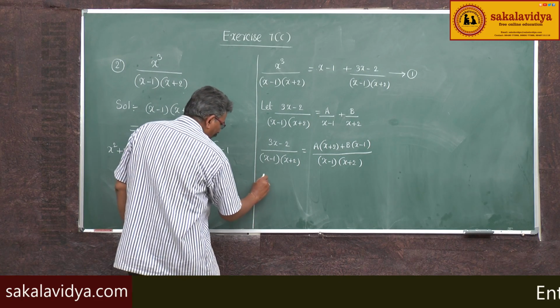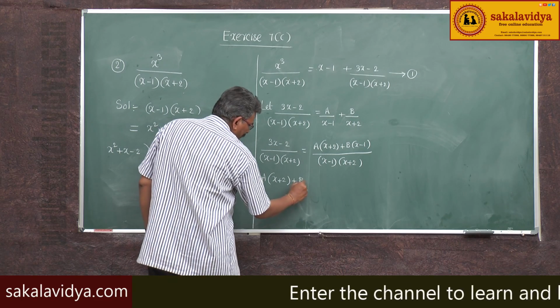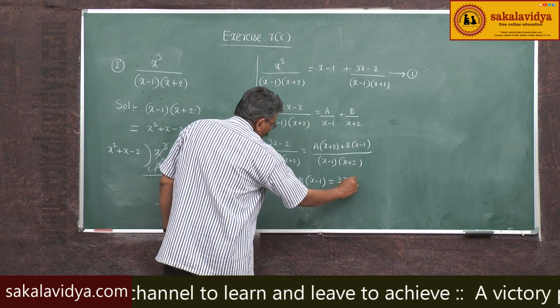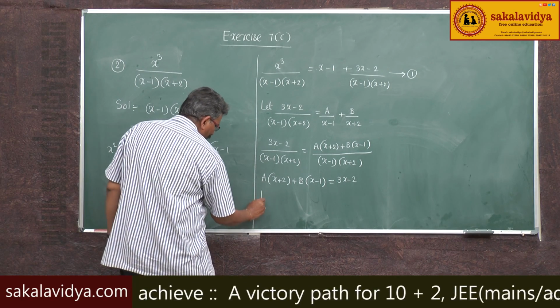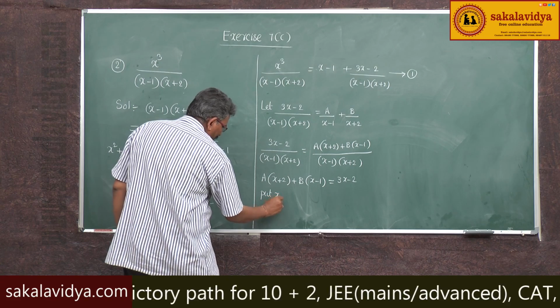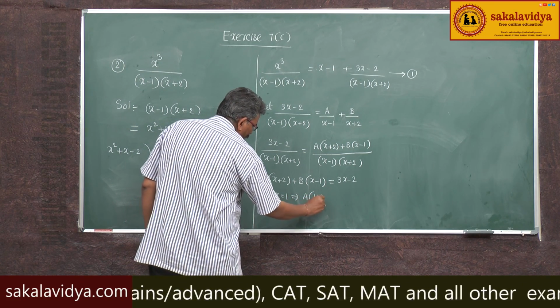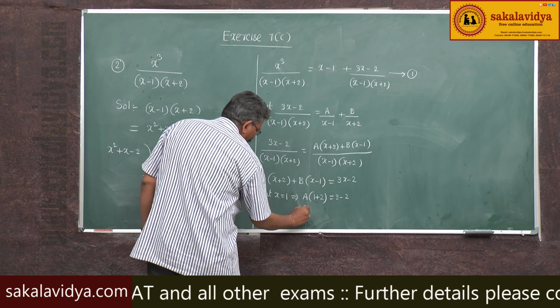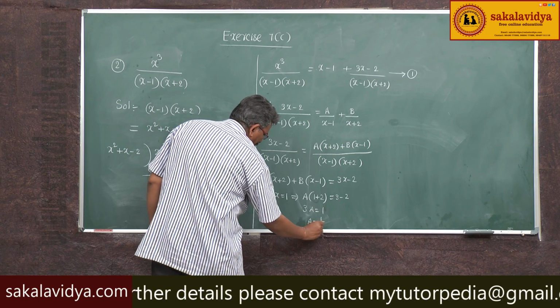We have a of x plus 2 plus b of x minus 1 equals 3x minus 2. First, let us substitute x equals 1. Put x equals 1. So, we have a of 1 plus 2, this becomes 0, 3 minus 2. 3a equals 1, a equals 1 by 3.